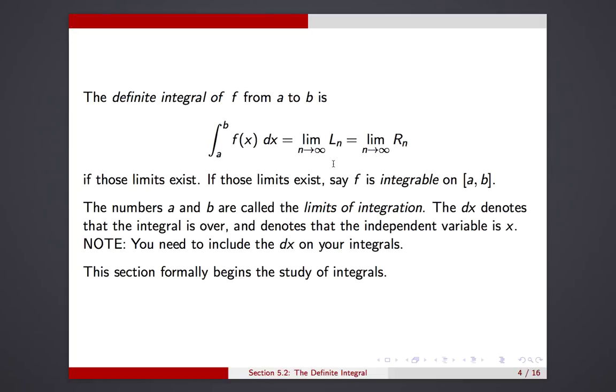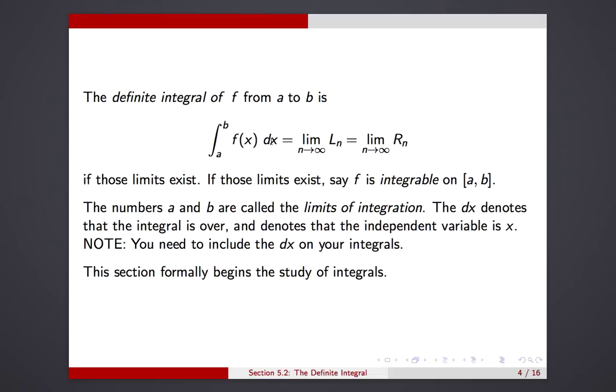The numbers a and b themselves are called the limits of integration. The dx notation denotes what the integral itself is over. You can imagine writing a big string of stuff right here, and if you don't include that dx symbol, it's not clear where you're thinking of your integral as ending. So the dx avoids ambiguity, but it also tells you that the independent variable is x. I know that seems kind of stupid to have there, since the independent variable is pretty much always x in a course like this, although sometimes it's t.